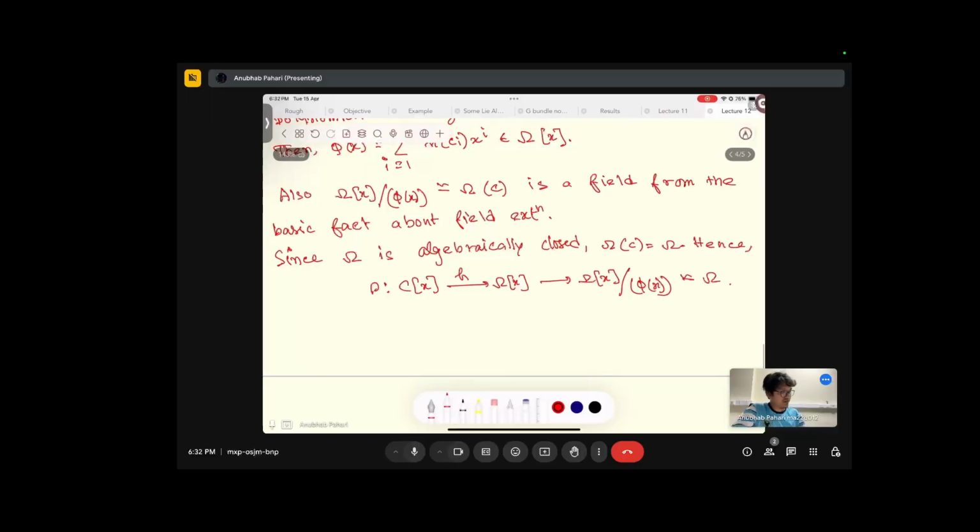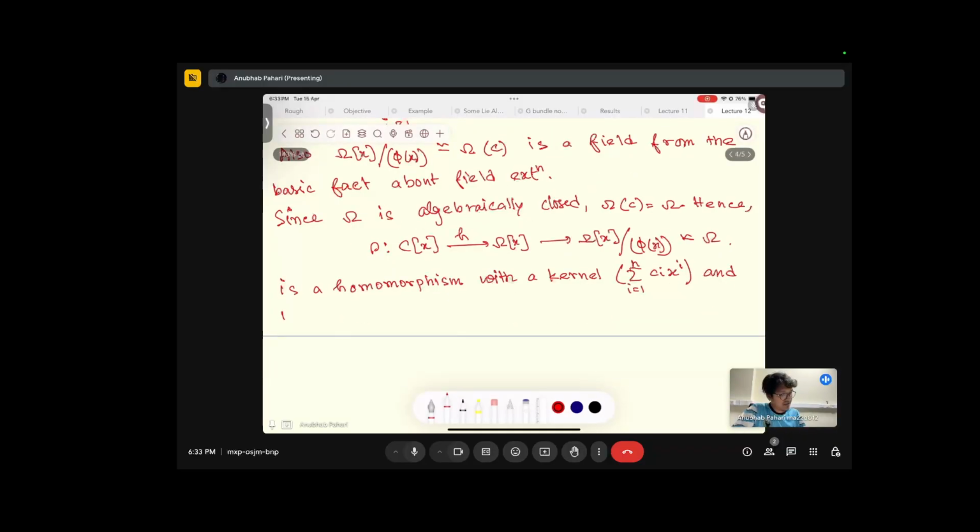So it is a homomorphism map with a kernel summation i equals 1 to n ci x to the power i, and it is an extension of h.